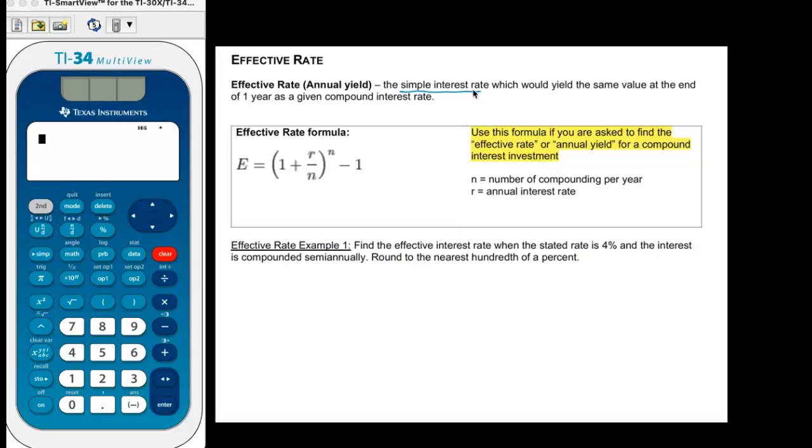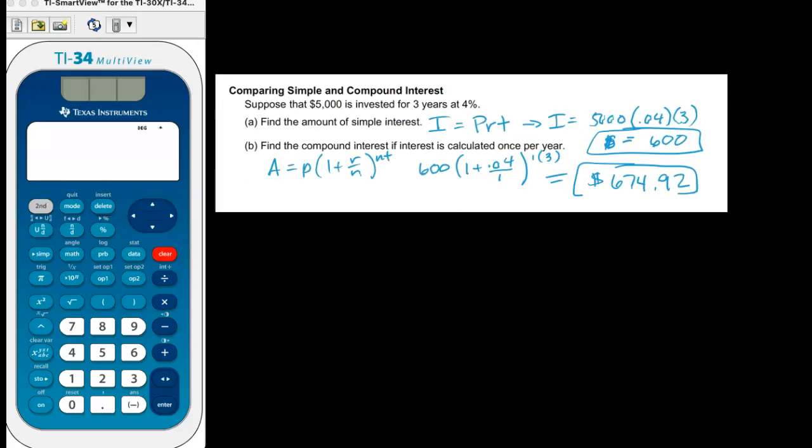The way simple and compound interest work, they don't give you the same amount of money, because compound interest will earn more. The same percentage is not going to earn the same amount of money in both situations. I think the best way to look at this is to look at the very first example that we did in this module. In this example, $5,000 was invested for 3 years at 4%.